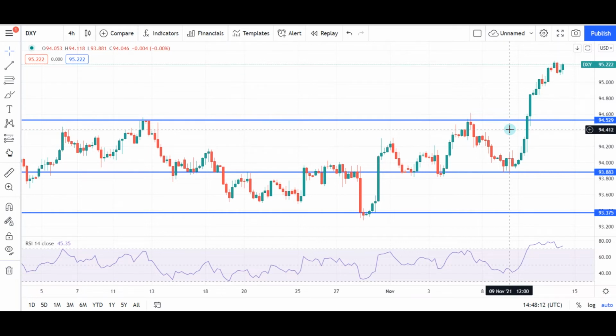From this point, if we hear a speech by Fed officials stating that inflation is still transitory and they are not planning any interest rate hike soon, then we will see a sharp decline in the dollar index, because this rise is all about the expectation of an interest rate hike.